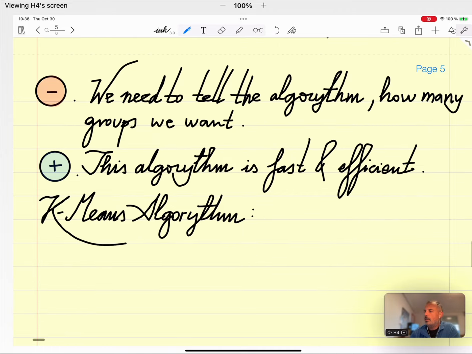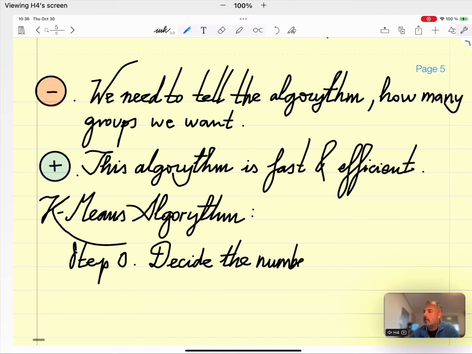It goes in different steps. So step 1, or better said, step 0. Okay, before we start, we decide the number of clusters. So we decide K. Okay, this you need to do.